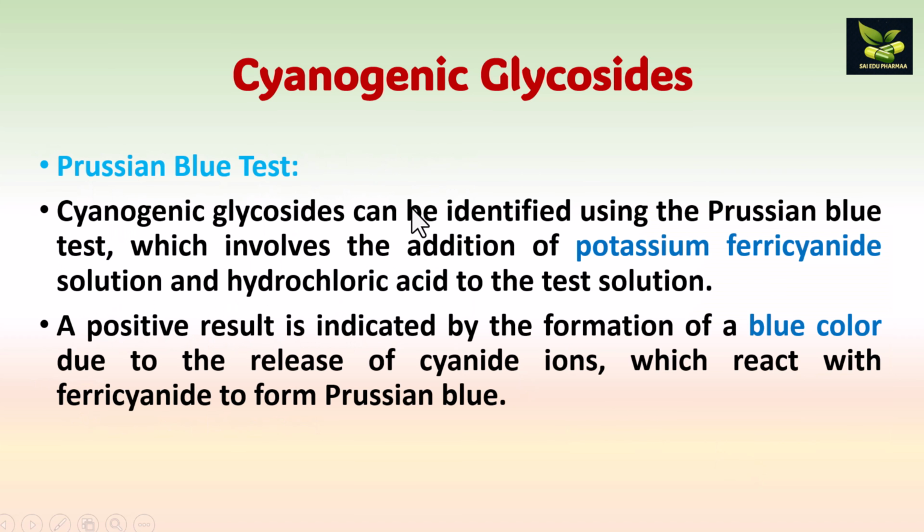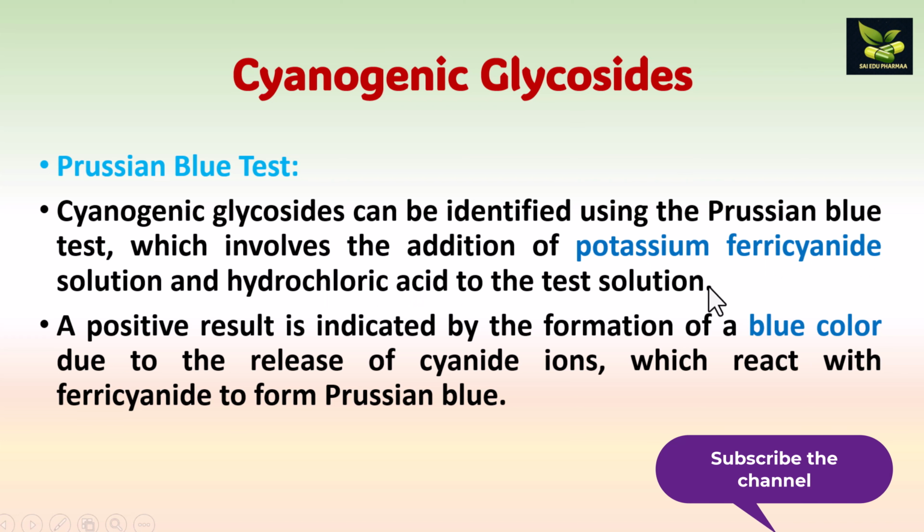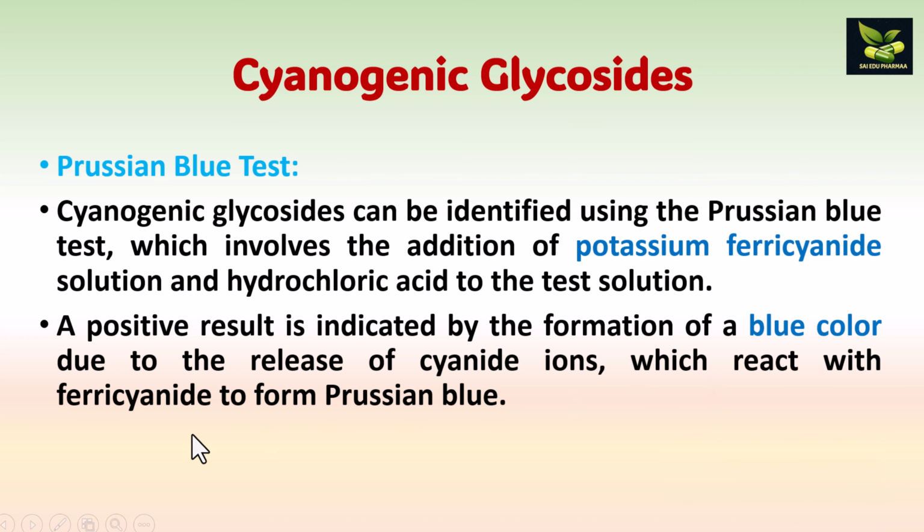The cyanogenic glycosides can be identified using Prussian blue test. In this, potassium ferricyanide solution and hydrochloric acid are added to test solution. And the formation of blue color due to release of cyanide ion shows the positive result, that is cyanogenic glycosides are present.